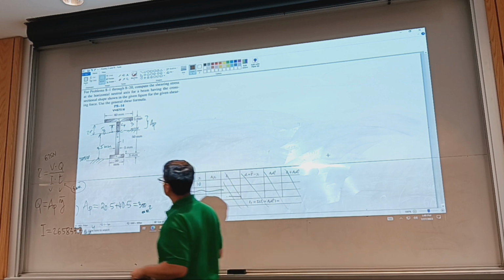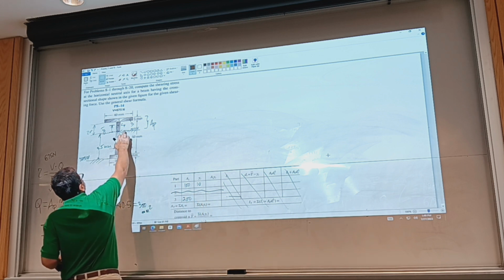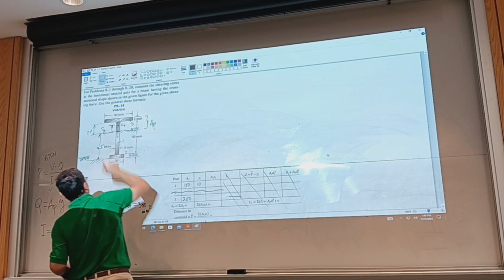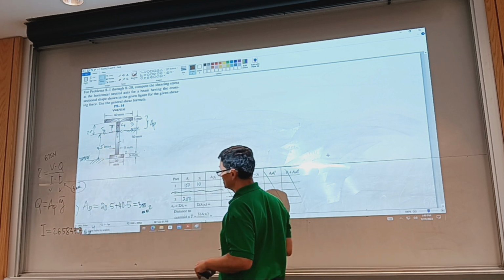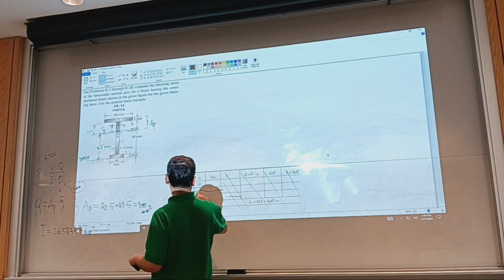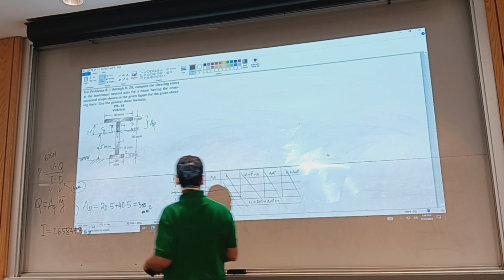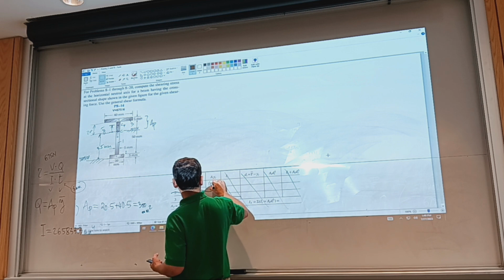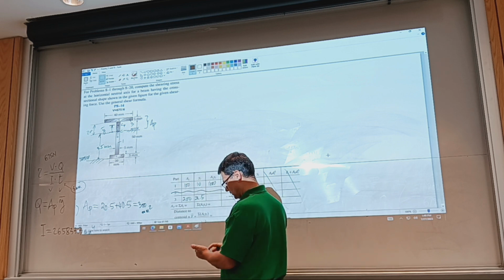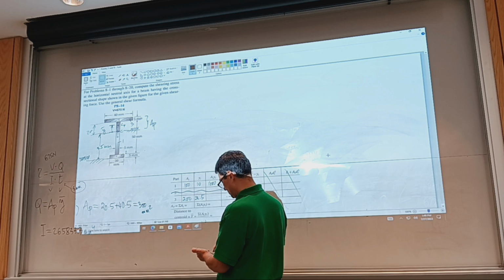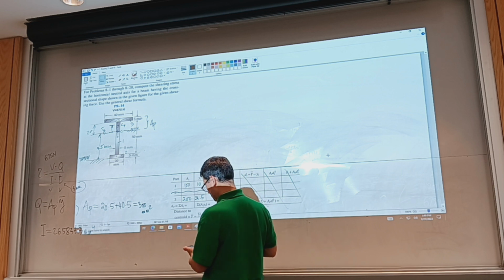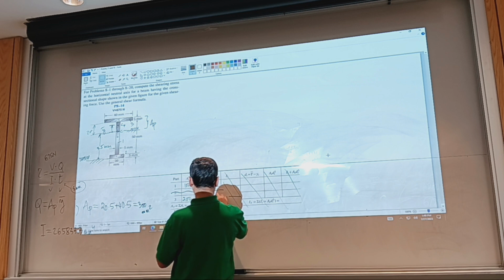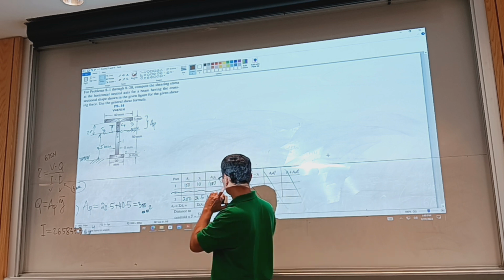And then the distance from the new datum, which is the centroid of the assembly, to the centroid of the horizontal 40 by 5 section is going to be 22.5. So we can evaluate this product, it will be 1,000. This other one, 200 times 22.5, is 4,500.